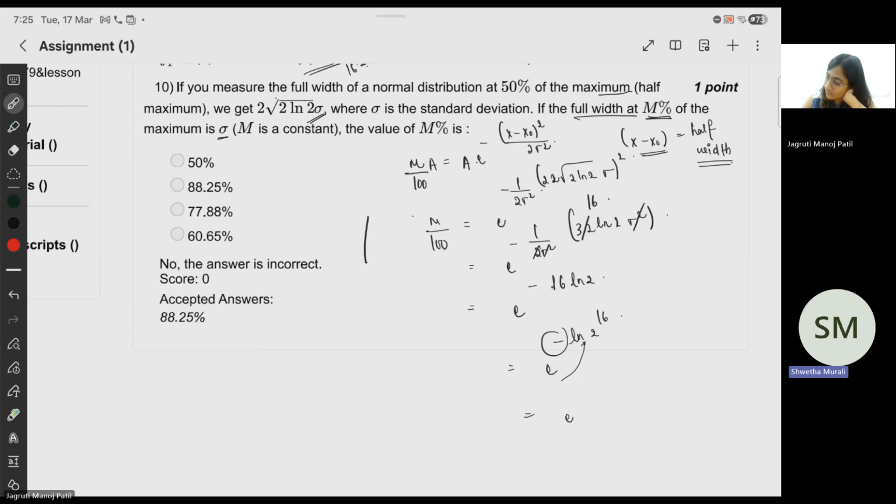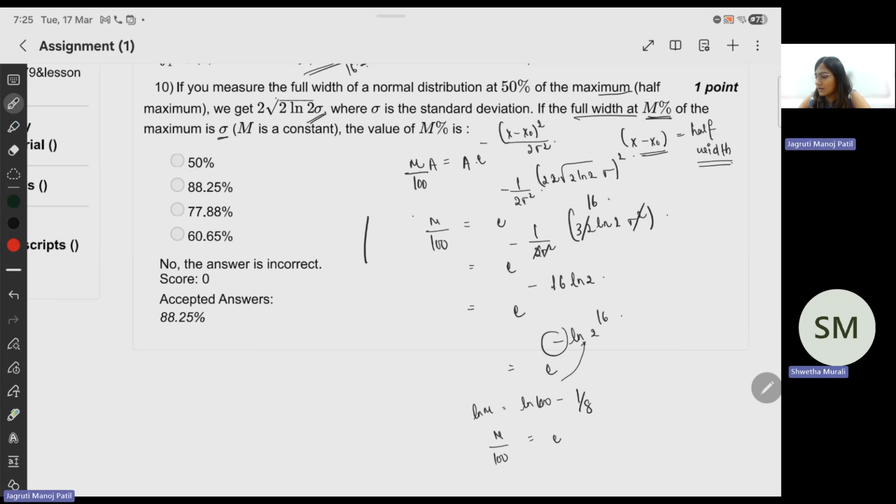Then I can cancel sigma square and sigma square, and below we'll get 8. So on this side, if we take ln, we'll get ln m minus ln 100. On LHS we have ln m, and on RHS we'll have ln 100 minus 1 by 8.